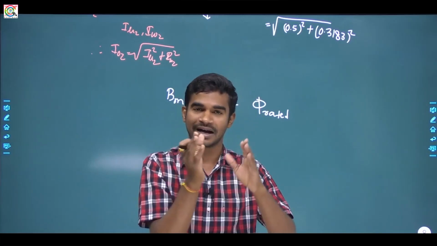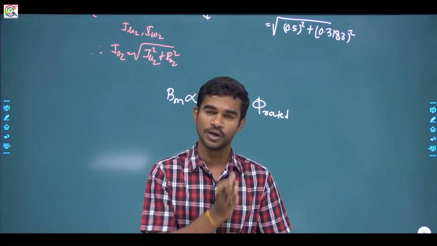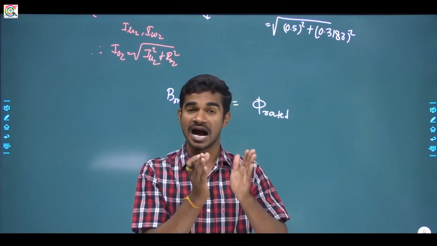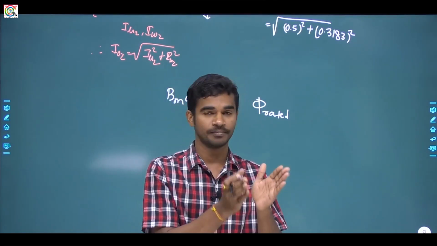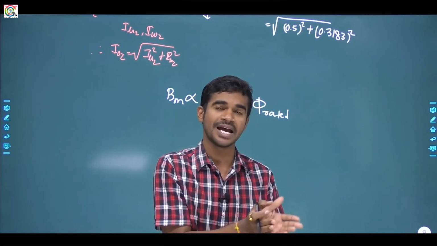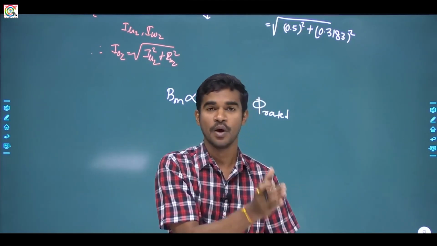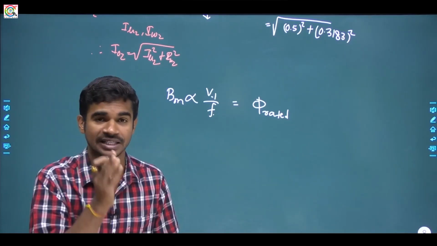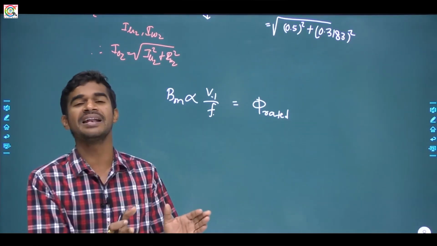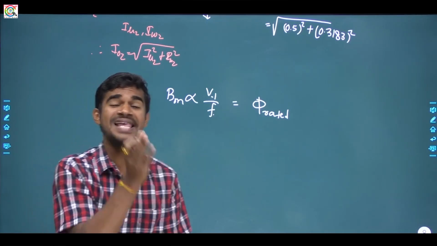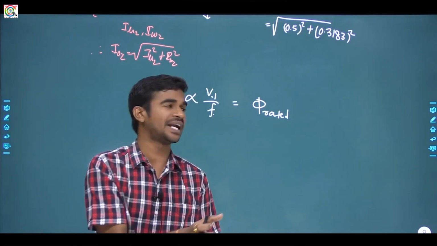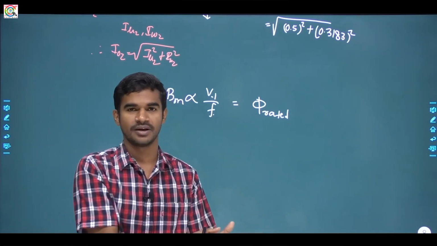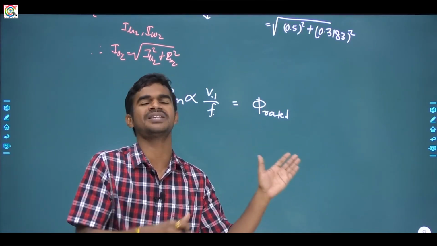HV side, if the LV side rated voltage is 200 volt and the HV side rated voltage is 400 volt, if we conduct the test on the HV side, meaning 400 volt, there also it will operate at rated flux. That's why the iron loss remains the same, because it is operating at the same flux or rated flux.